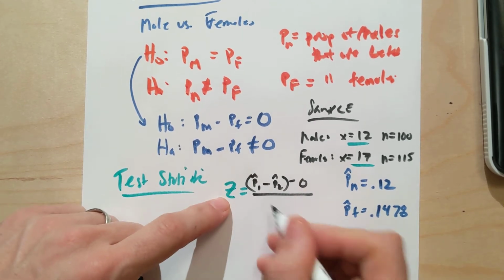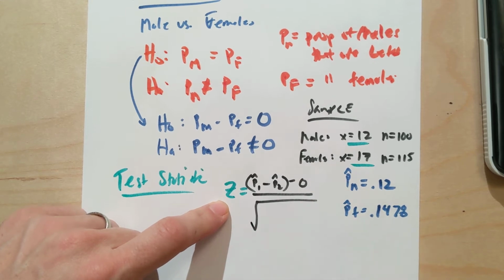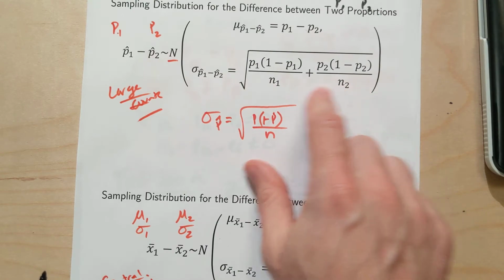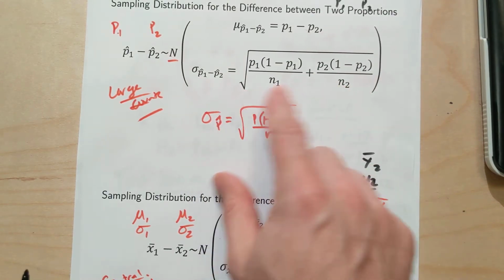Now, to get the test statistic, we'll have to have a big formula for our standard deviation. Just like we saw when we were doing sampling distributions for a sample mean, where do I have those papers? Do I have it here in front of me? Let's see here. Aha! We saw this big old honkin' standard deviation formula.